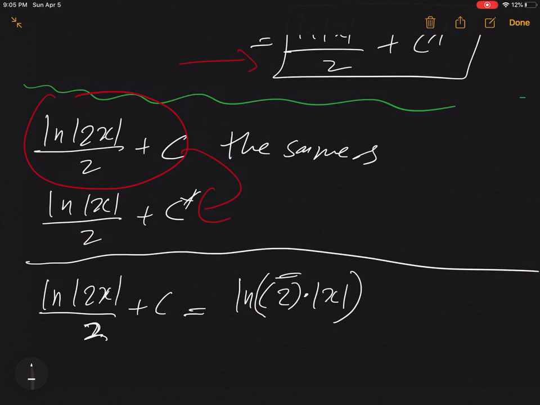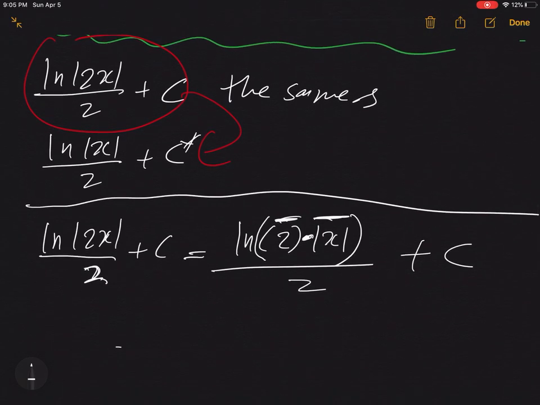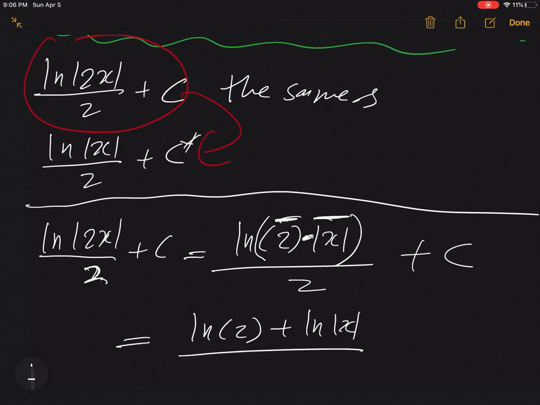And according to the rules of logarithms, I can also turn this product into a sum when both of these are positive. Of course, we are speaking about the rule that applies in real analysis. We're not including complex analysis there. So, of course, all of that over 2 plus c. And according to the rule mentioned a little while ago, this is ln of 2 plus ln of absolute x, all of that over 2 plus c.